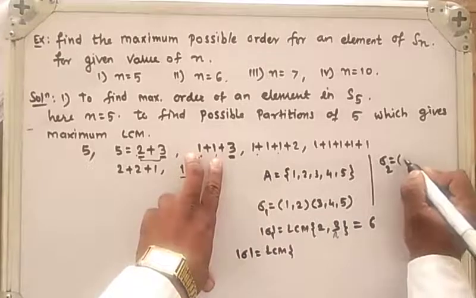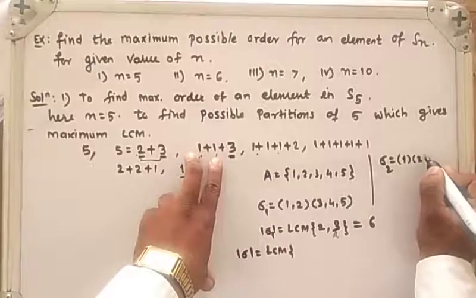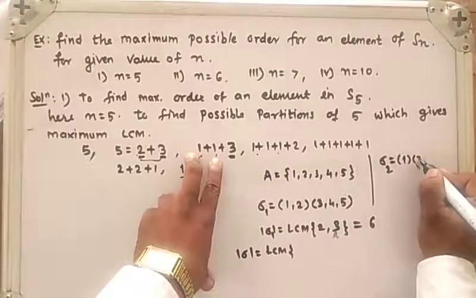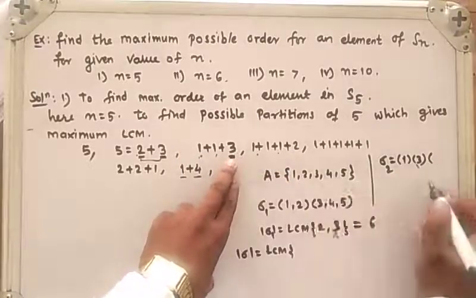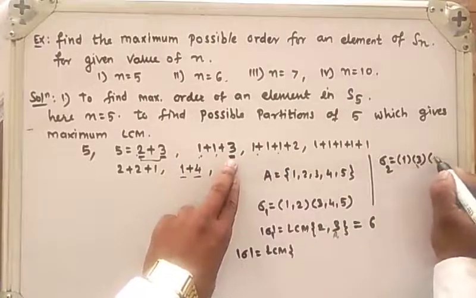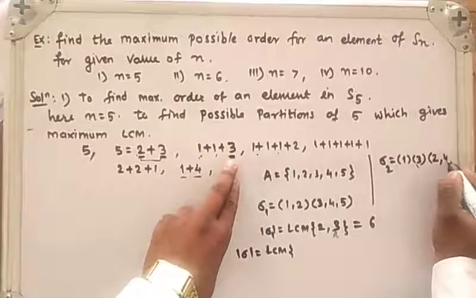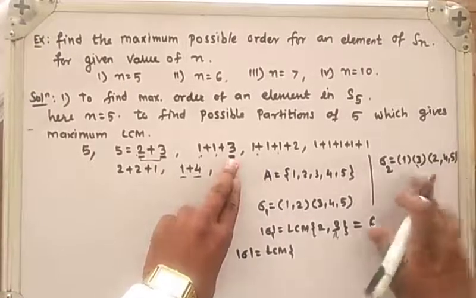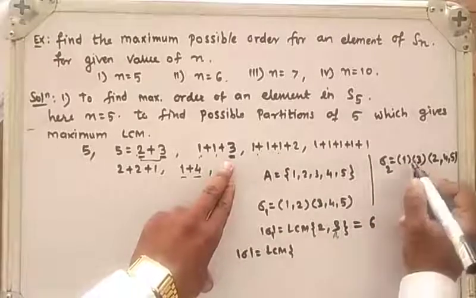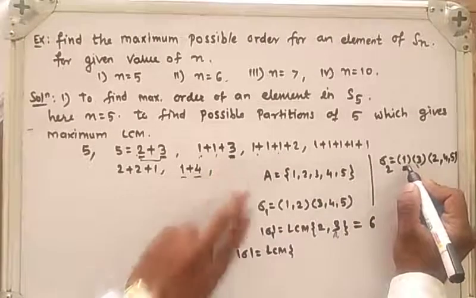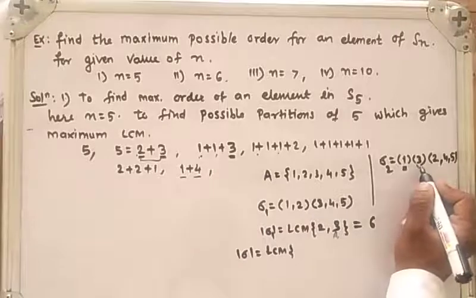So I will write here (1), suppose (3), and the next cycle having length 3. So I will write (1), next 2 goes to 4, 4 goes to 5, right? Like this. So the LCM of this will be the LCM of the orders, where there are 2 cycles having length 1.